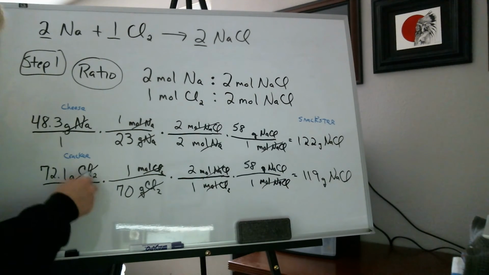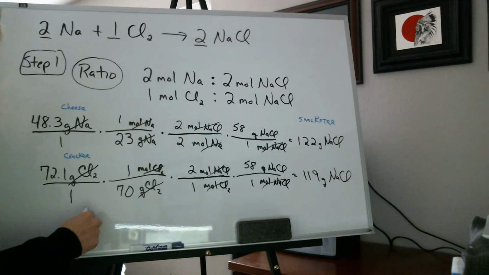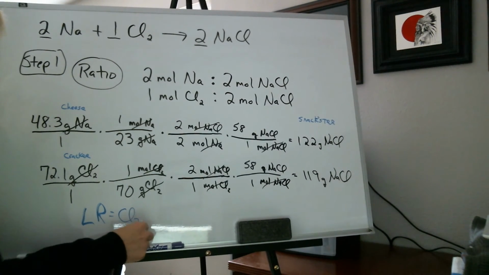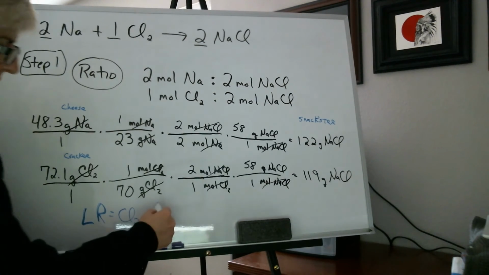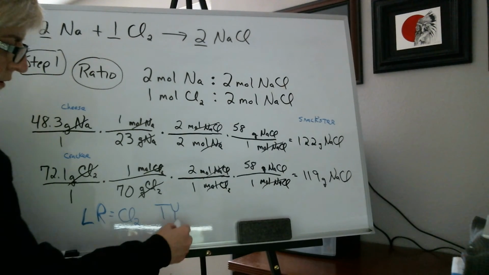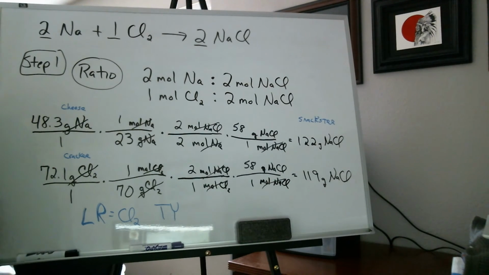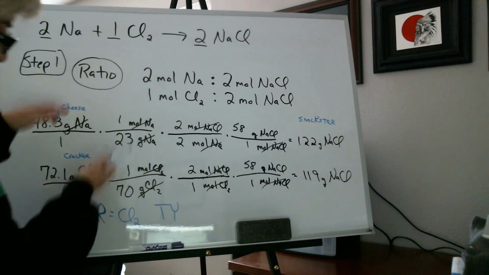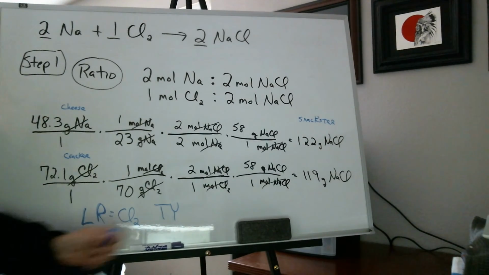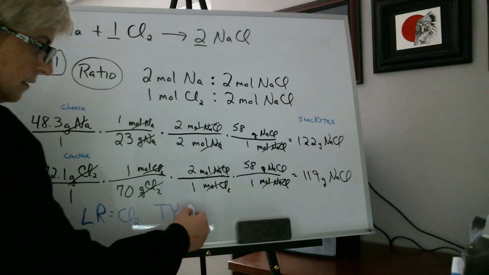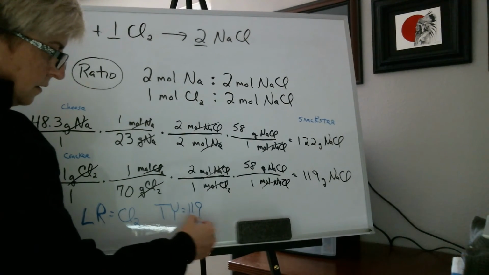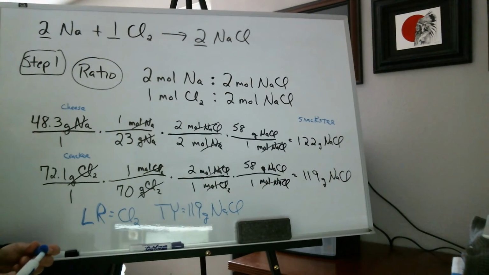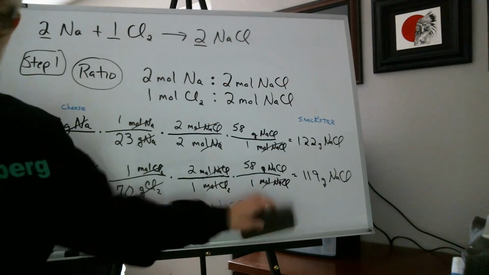In this case, chlorine. So our limiting reagent is our chlorine, and our theoretical yield, that's the amount that we could actually produce given our ingredients here, and that is 119. All right.